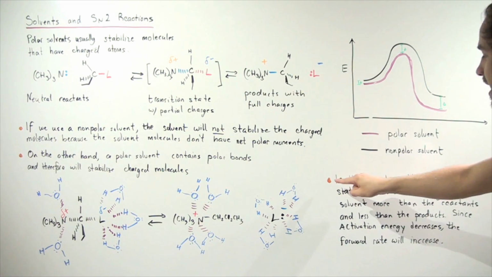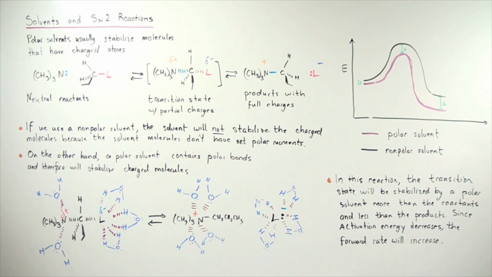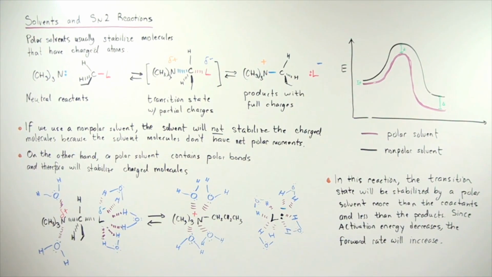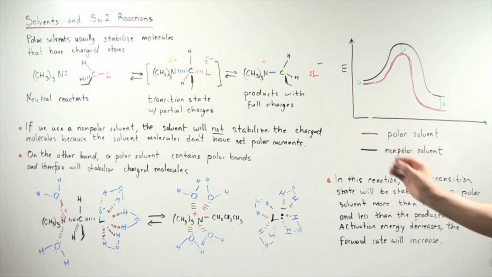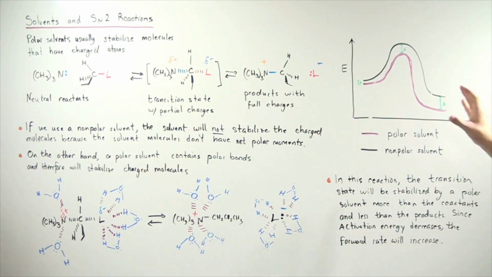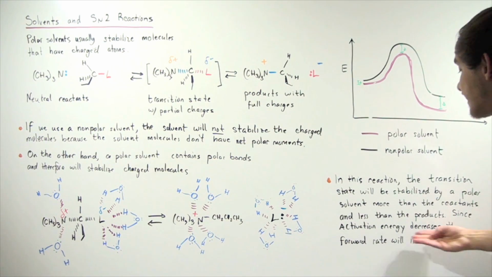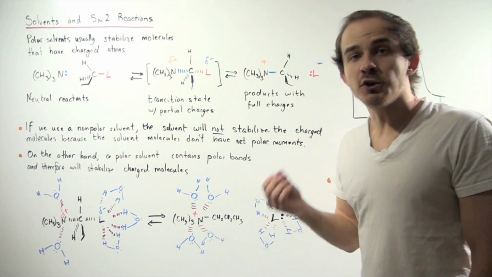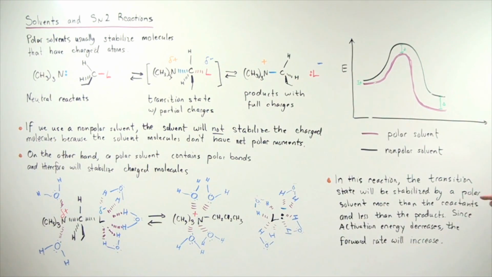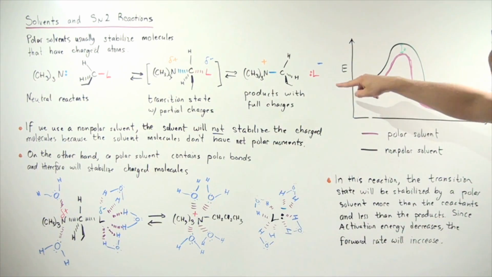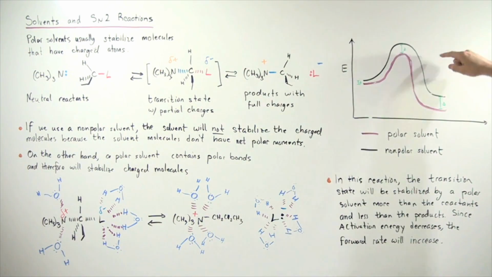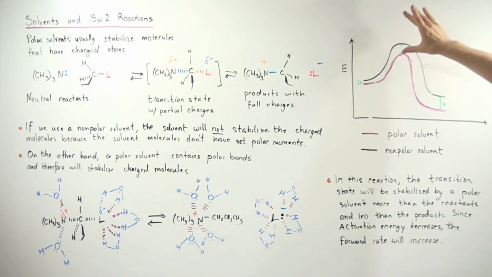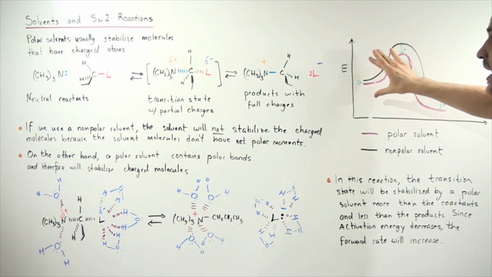So once again, in this reaction, the transition state will be stabilized by a polar solvent more than the reactants, because the reactants are neutral, and less than the products, because the products have full charges. Since activation energy decreases and activation energy determines the rate of reaction, the forward reaction rate will increase because the transition state is stabilized more than our reactants.